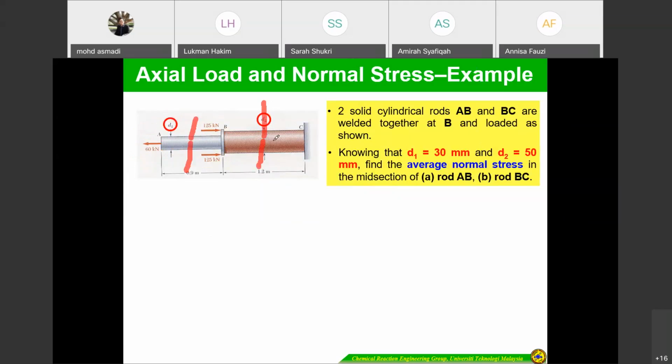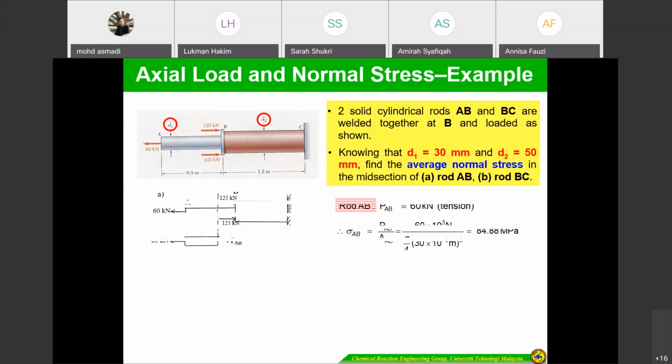That means the internal force, sigma. What we have to do is cut, just by using the method of section. That's why it's important, method of section and method of joint, especially method of section. You're going to use this in chapter 2 as well as chapter 3.